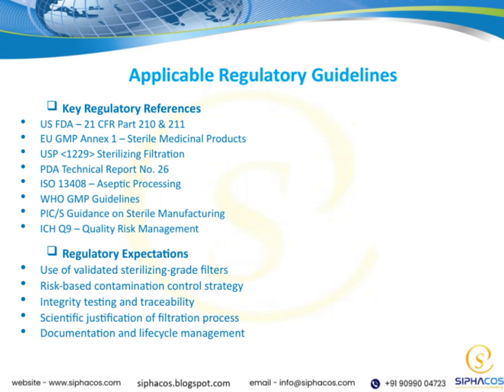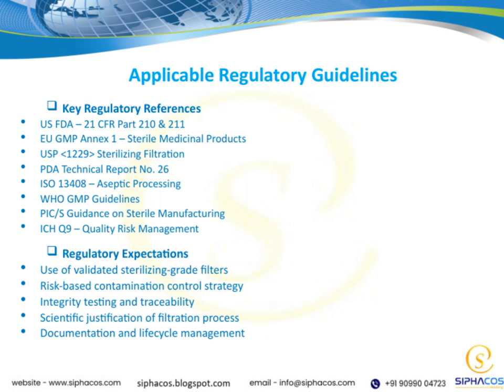When we look at applicable regulatory guidelines, there are several key references that shape our sterilization practices. For instance, in the United States, the FDA's 21 CFR Part 210 and 211 set the standards for good manufacturing practices. In Europe, we have the EU GMP Annex 1, which specifically addresses sterile medicinal products. The USP 1229 provides guidance on sterilizing filtration, emphasizing its critical role in ensuring product safety.